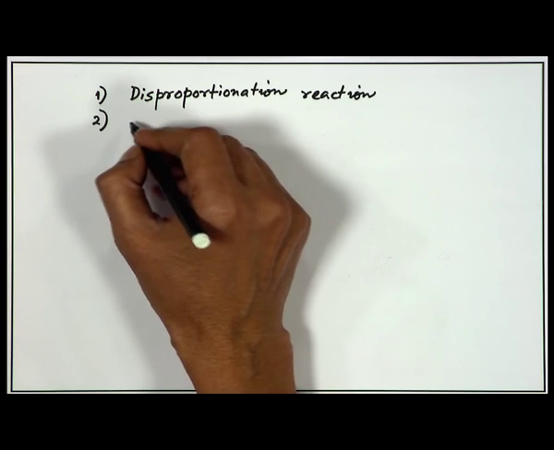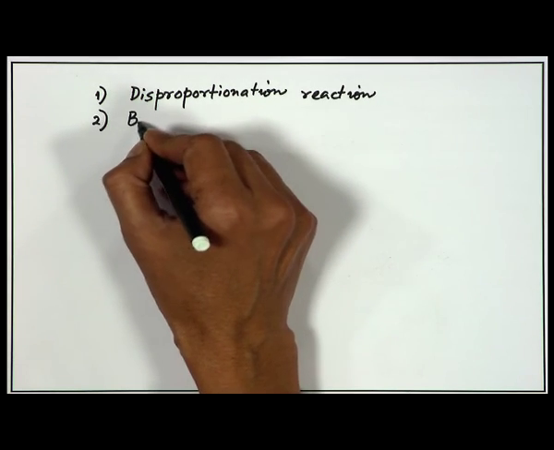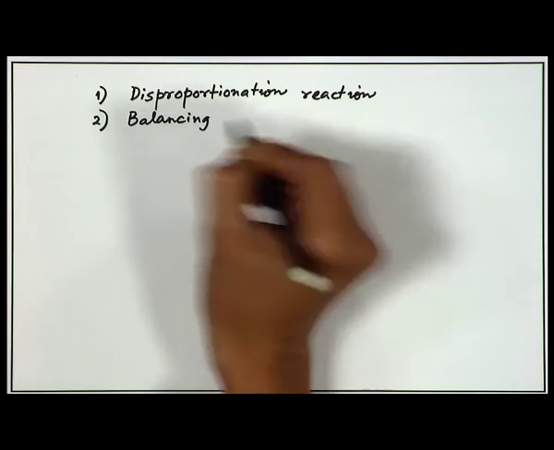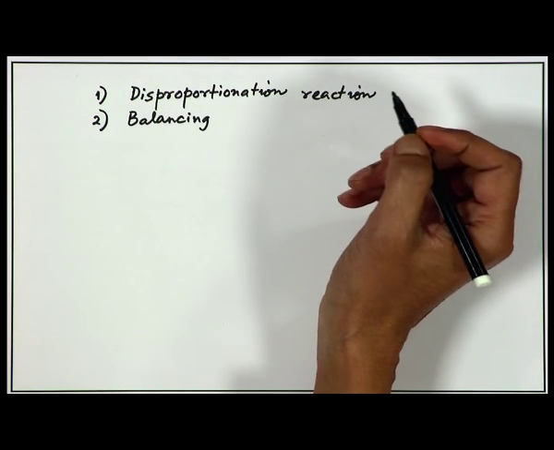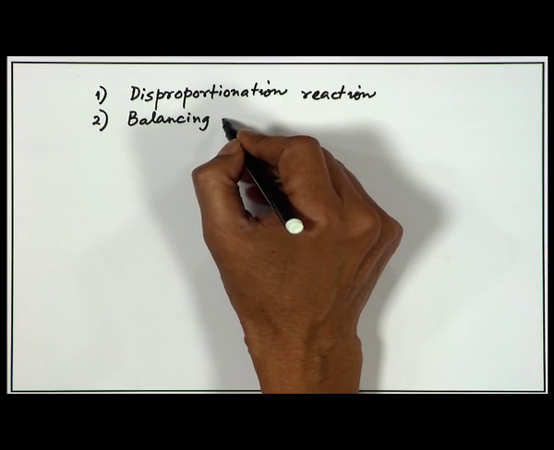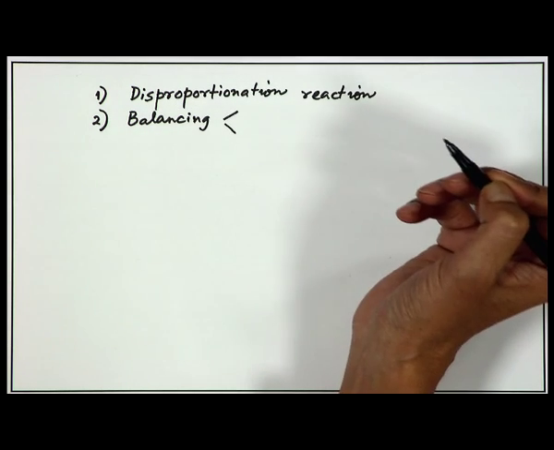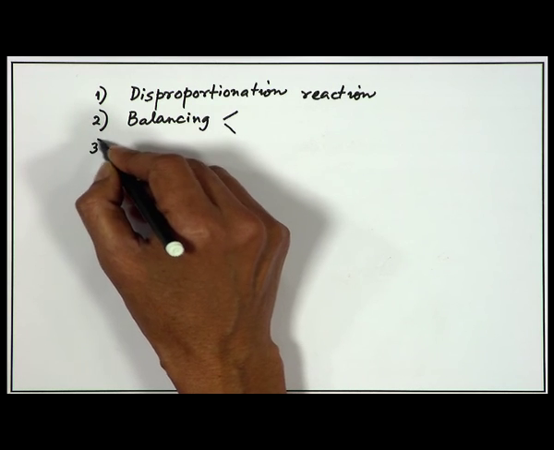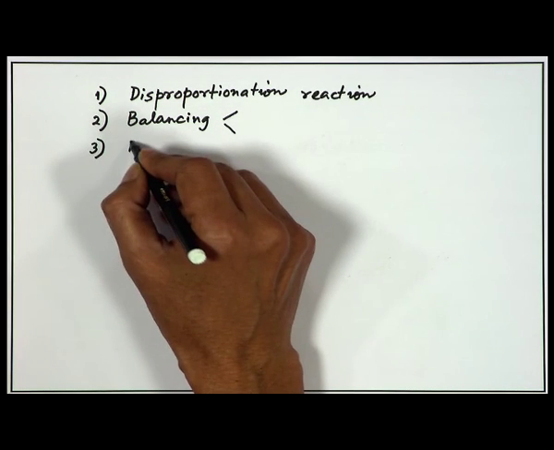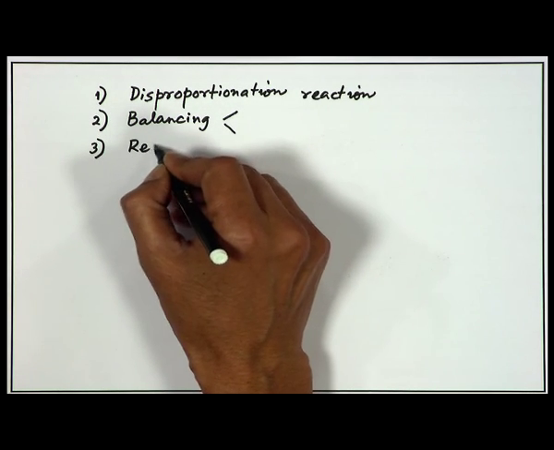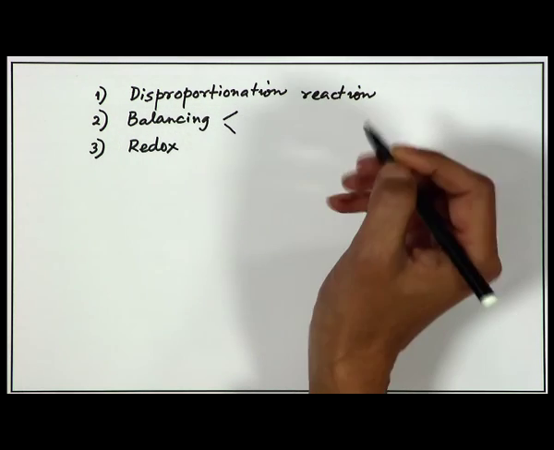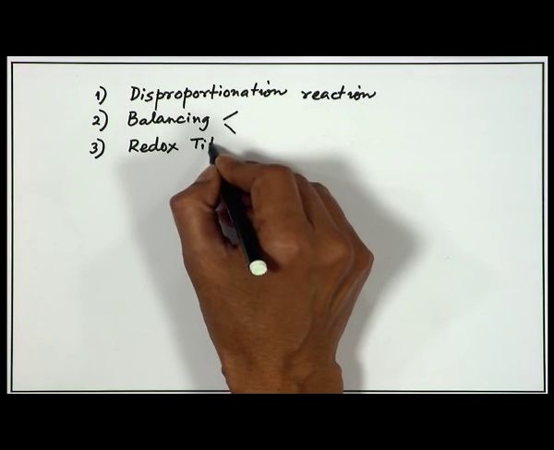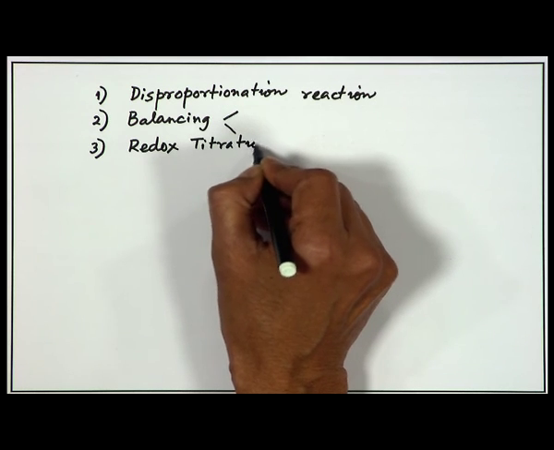Second would be the different redox reactions, how we can balance them, because balancing is always very important in relation to the number of electrons being transferred. And lastly, we will discuss the analytical aspect, or the application of redox reactions, which is redox titrations.